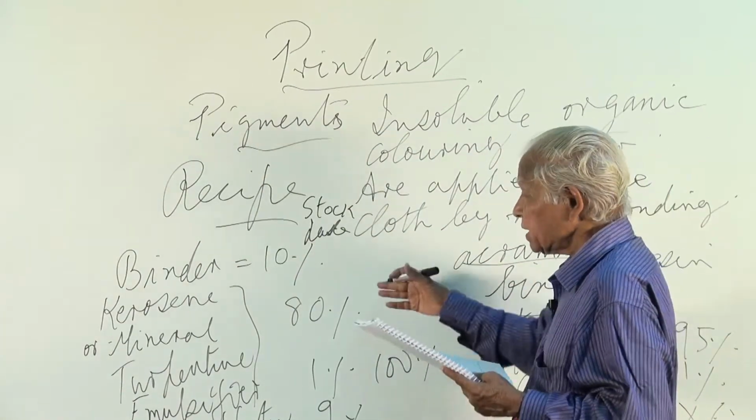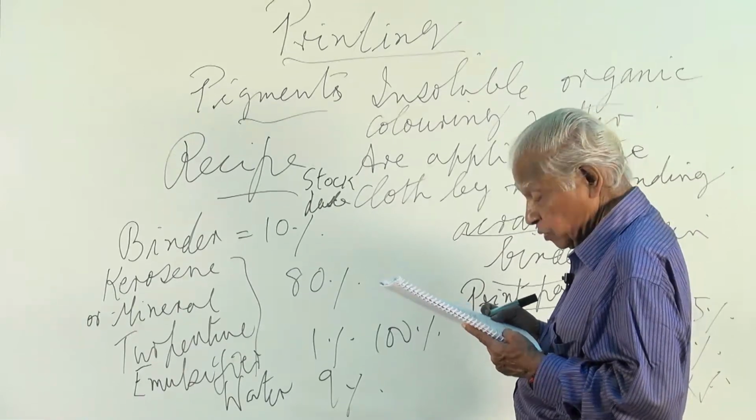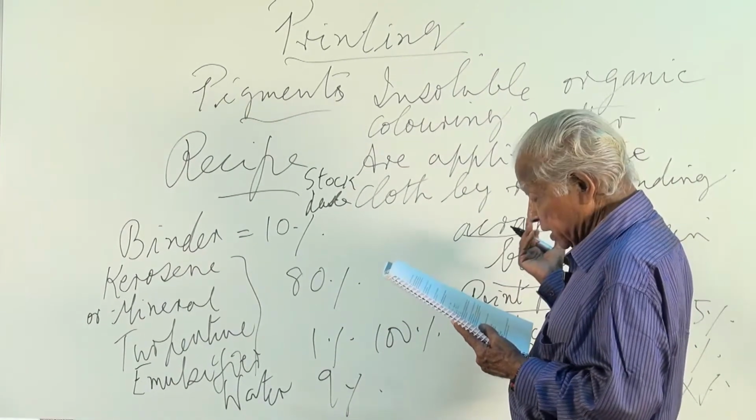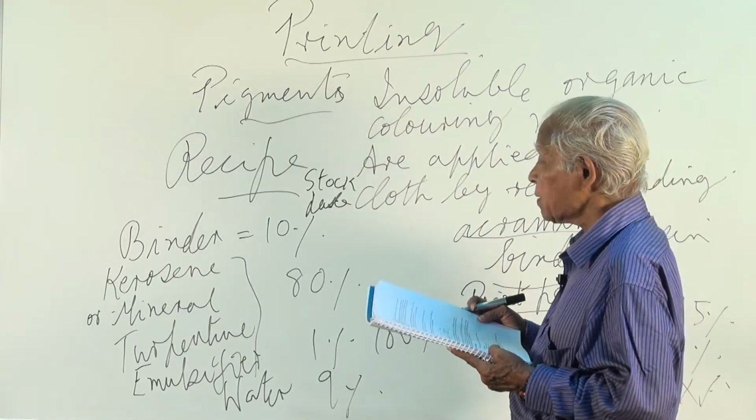So the binder is added to the kerosene under high speed stirring along with the emulsifier and water. The color paste is prepared by mixing the stock paste and pigment color using a stirrer and adding the catalyst, which is ammonium chloride.